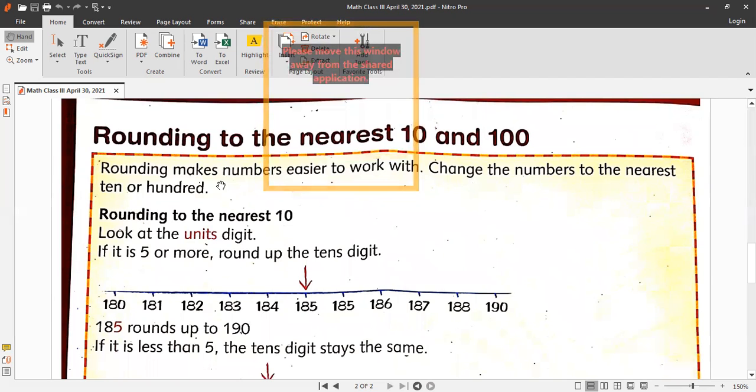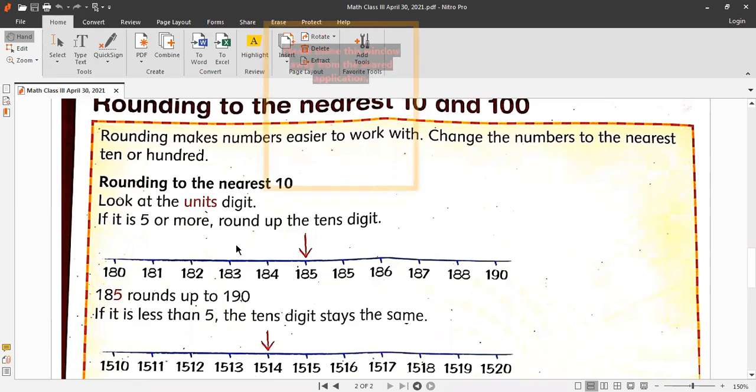Rounding to the nearest 10. How do we do it? Look at the units digit. Whenever we start rounding, we first look at the units. You can see this value, 185. I look at the last digit, that is 5, so now you have to round up to 190.